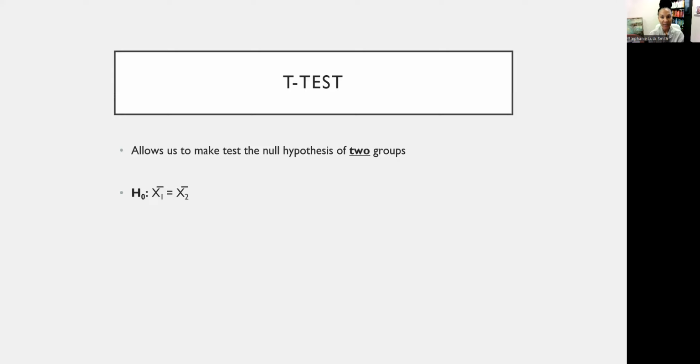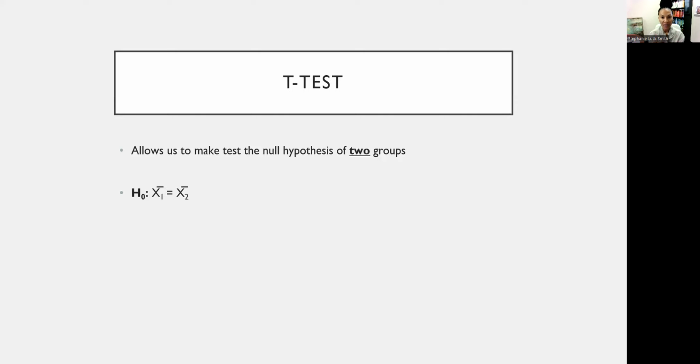So the results that we get are either going to prove and accept the null hypothesis, which states that there's no difference between the two groups, or we're going to reject the null hypothesis and accept the alternative hypothesis, which says that there is a difference between the two groups.